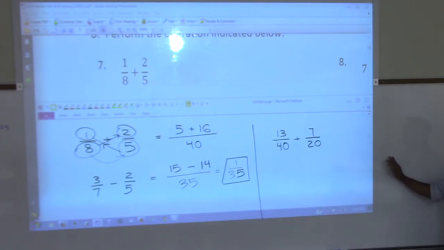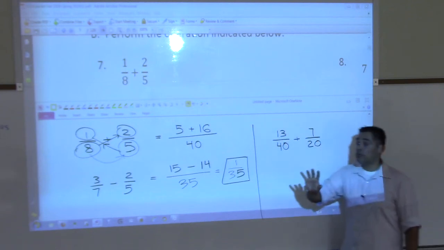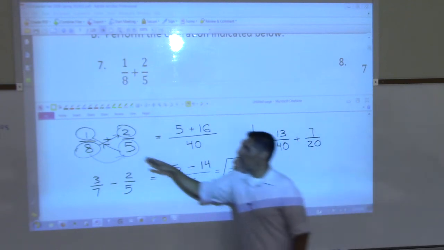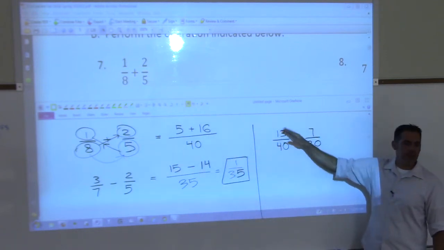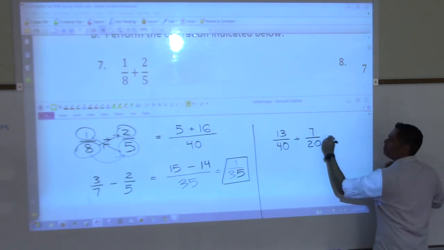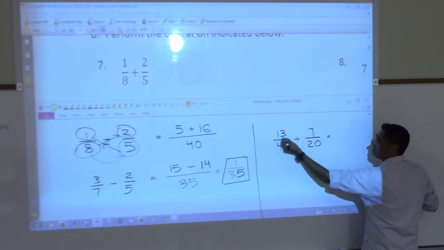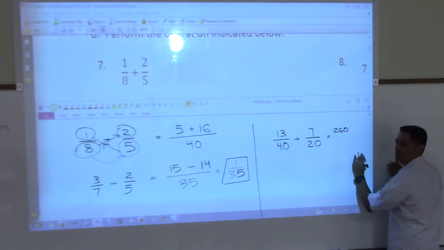What can you see would be bad when I do this? When you multiply the bottom, it's going to give you, well, I'm talking about the common denominator. Okay, so not that method, this short way. What would be kind of the issue here? Big numbers, right? So let me do this. I'm going to do it the shortcut. 20 times that would be 260, okay?